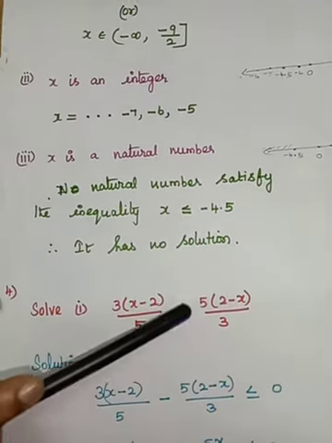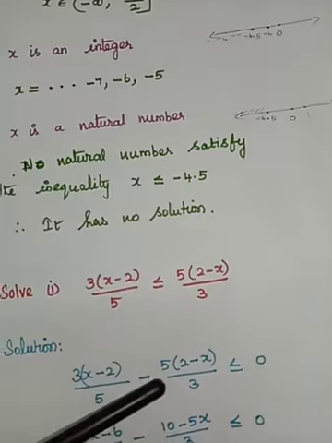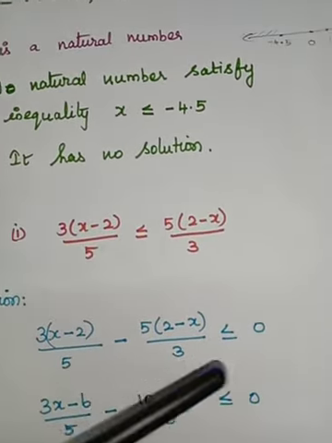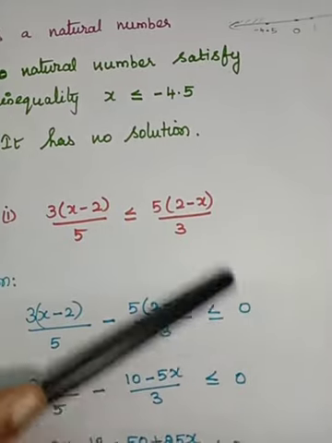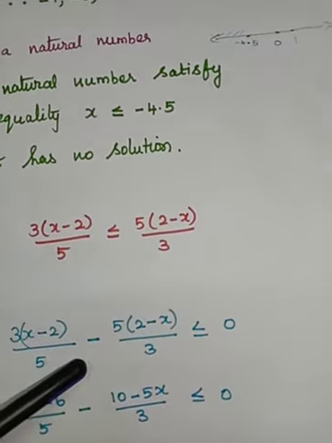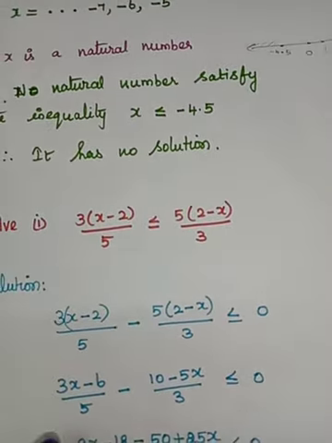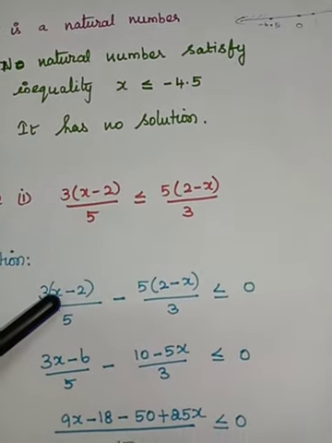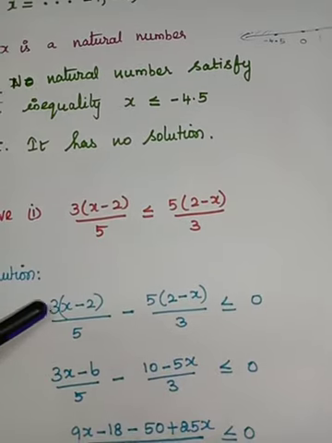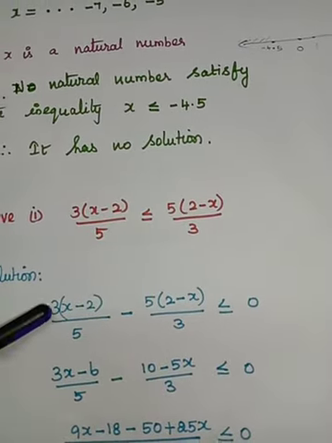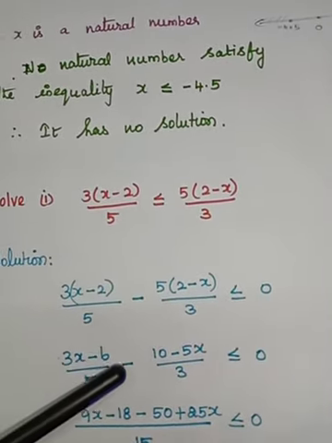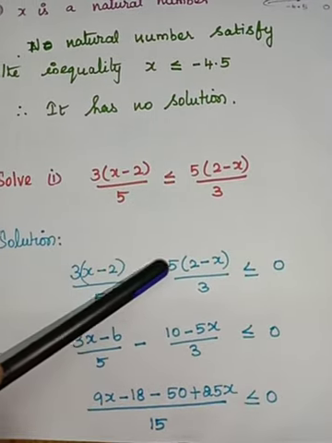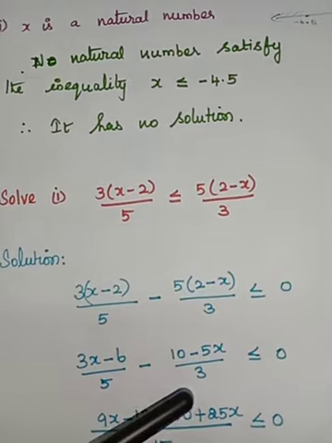I have brought the right hand side term to the left side, so it should be minus, less than or equal to 0. Then you have to take LCM. Before that, 3 is common to x minus 2. So 3 into x is 3x, 3 into minus 2 is minus 6. In between, this minus is common. 5 into 2 is 10 and 5 into minus x is minus 5x by 3.